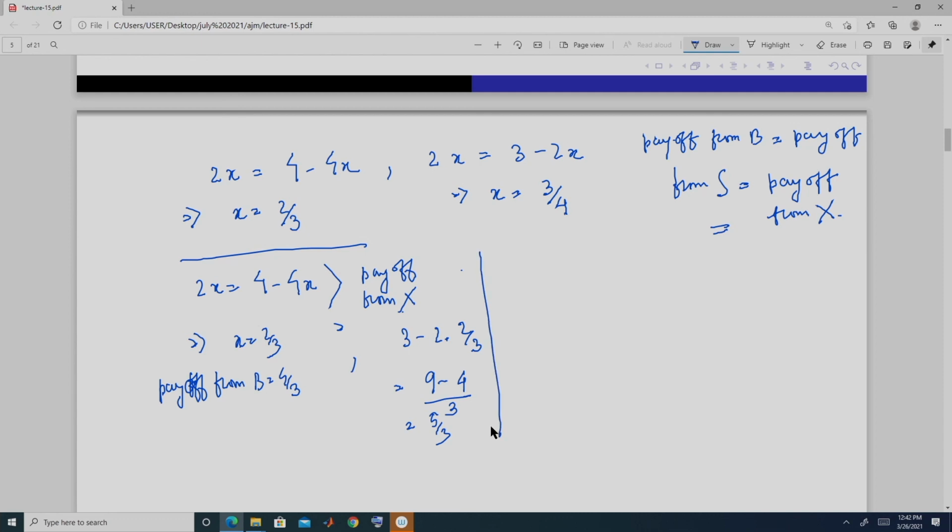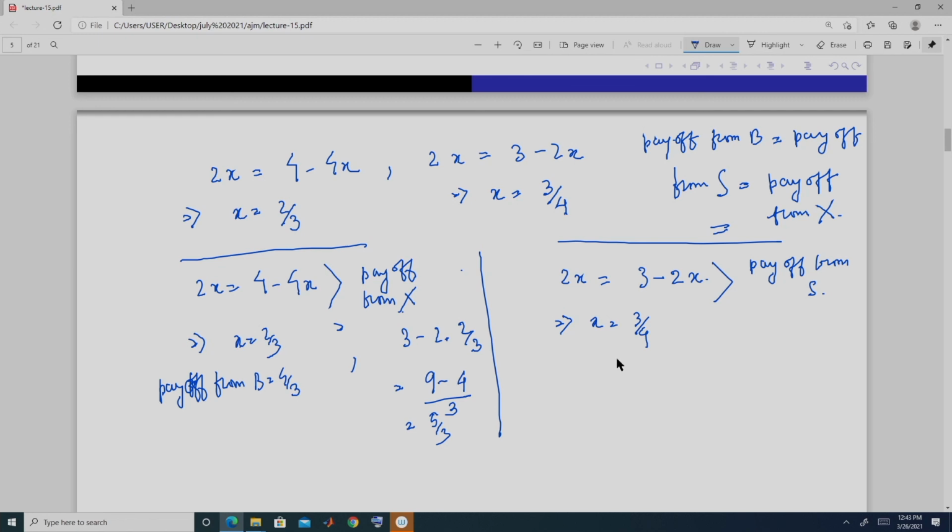Okay. Next, look for a situation where payoff from B is equal to payoff from X and this is greater than payoff from S, right.